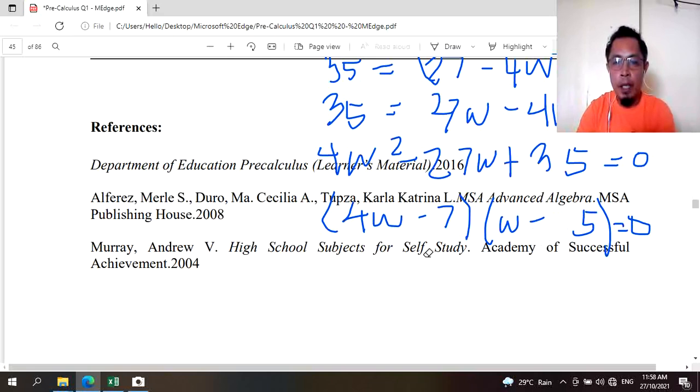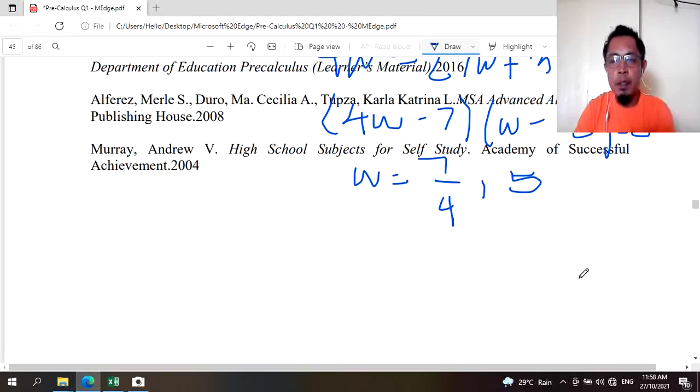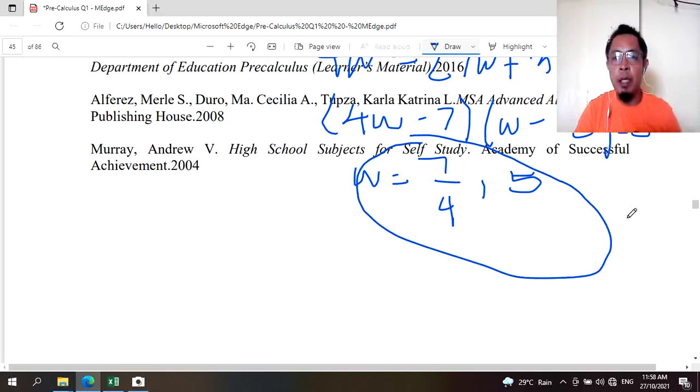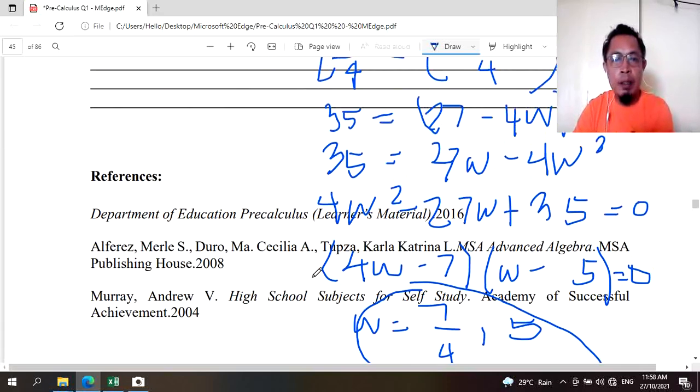So equating each to 0, that gives us now W is equal to 7/4, and we have 5. So we have 7/4 and 5. So from this alone, we can conclude that the dimension of the tarpaulin is 7/4 meter by 5 meter. Okay? So that's all for that application problem. Hope you understand it.